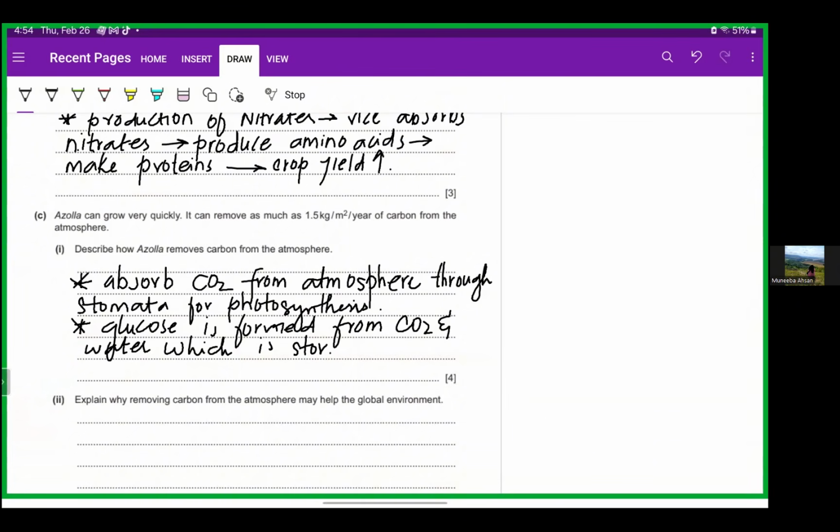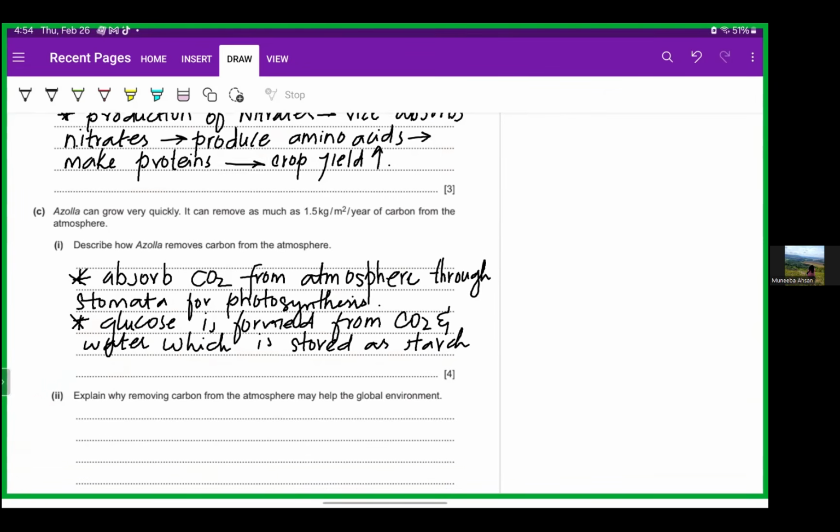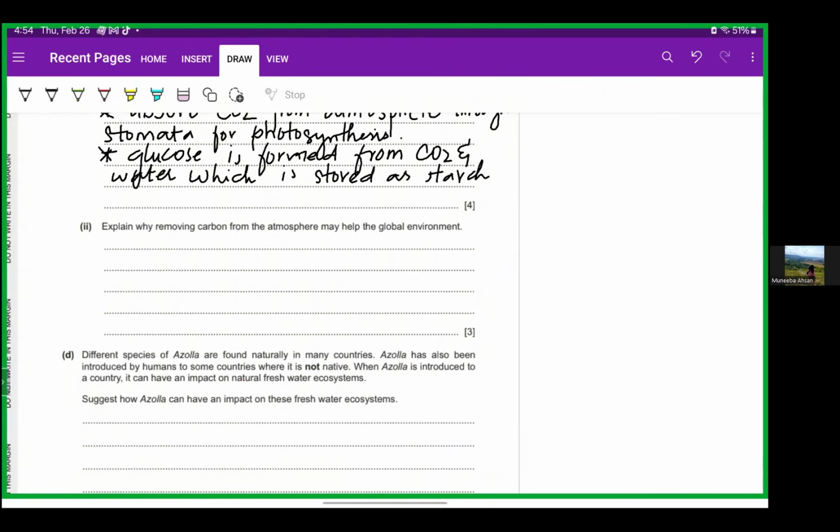So this is how Azolla removes carbon dioxide from the atmosphere. And I think if you know your theory well, if you know your concept well, these questions are very basic to understand and answer as well.